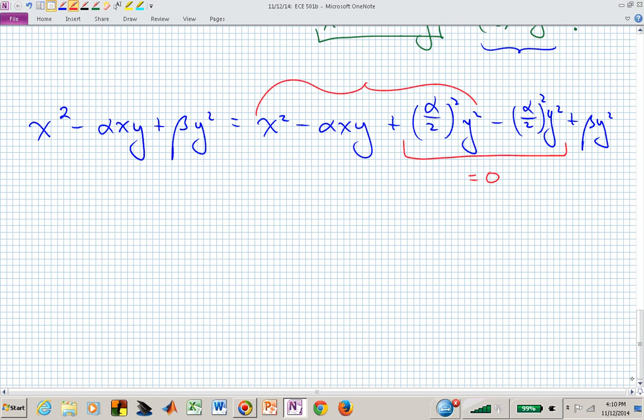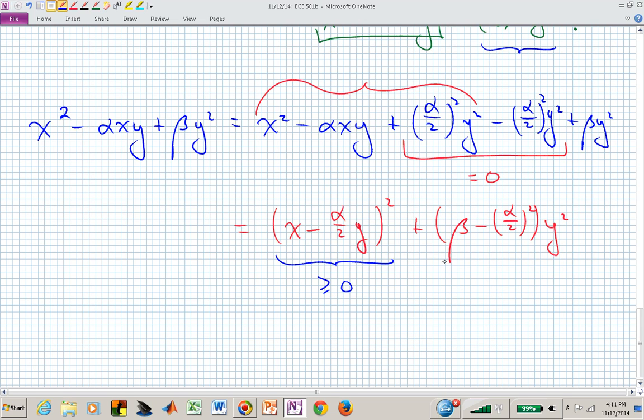Or we can now rewrite that expression as x minus alpha over 2 y, squared, plus beta minus alpha over 2 squared y squared. In our derivation or in our proof, this is always non-negative.